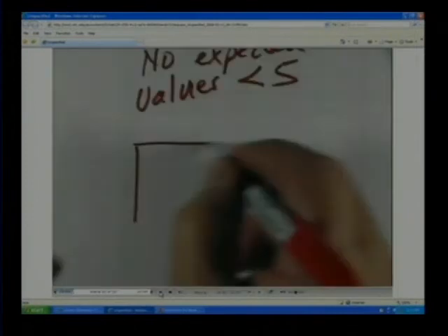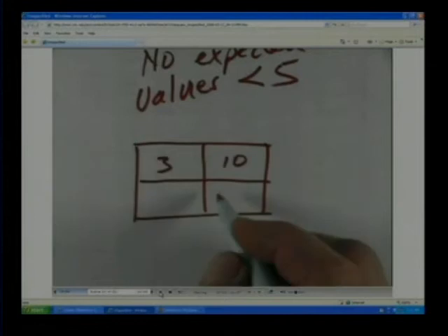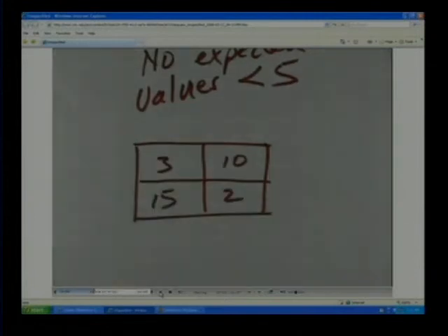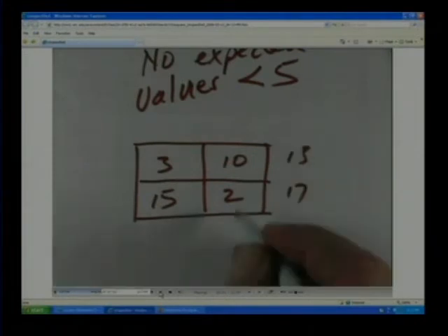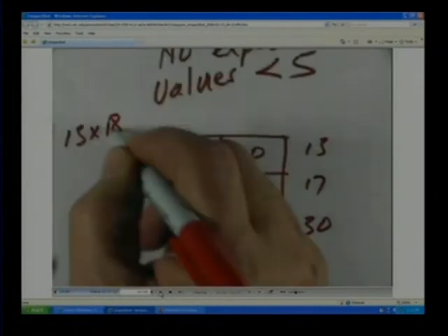So if we were to have a table that might be something like this, you could have 3 and 10 and 15 and say 2. So this is 13 and 17. This is 12 and 18. So the expected value for this cell would be 13 times 18 divided by 30.